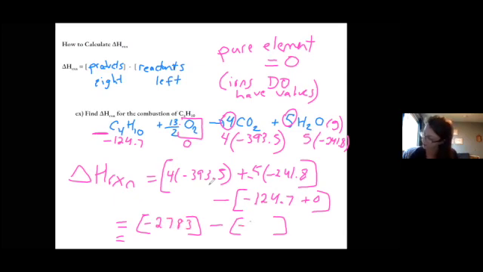And then the right-hand side simplifies to negative 124.7. Then in my calculator, negative 2783 minus negative 124.7, I get negative 2,658.3.